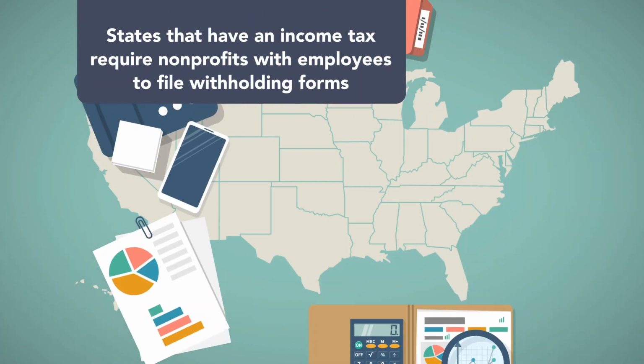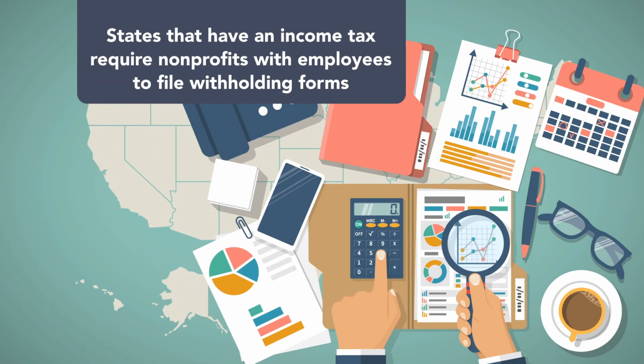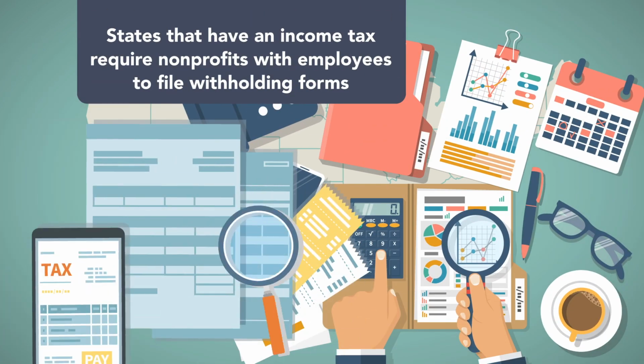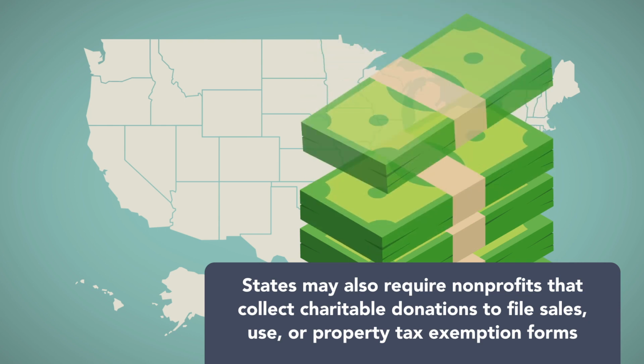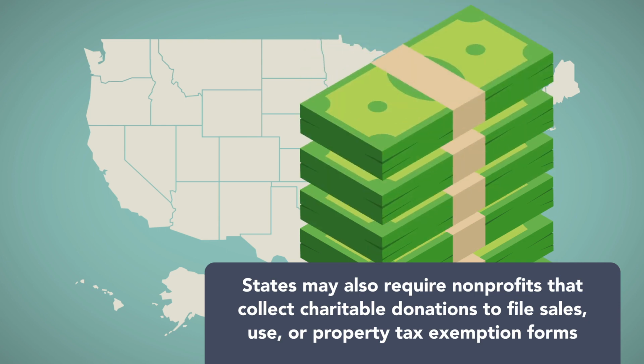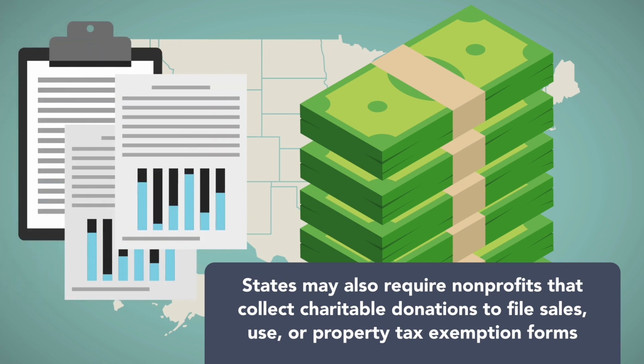States that have an income tax require nonprofits with employees to file withholding forms. States may also require nonprofits that collect charitable donations to file sales, use, or property tax exemption forms, and to periodically make reports related to fundraising activities.